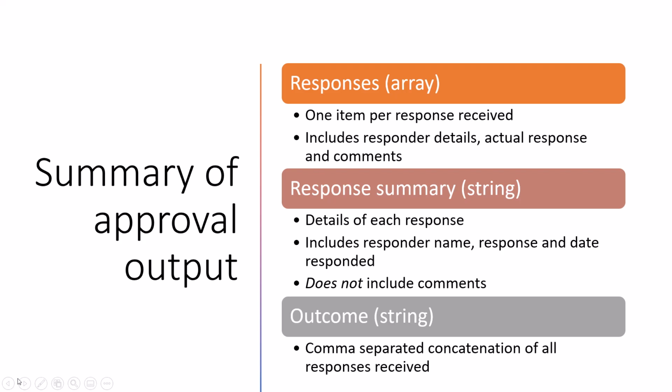First off, there is an array of responses. Because an approval can be assigned to multiple people, that responses section is always going to be an array, even if it's an array of just one item. That's important to understand, because you might say, well, I'm only assigning it to one person, I just want to get the comments.